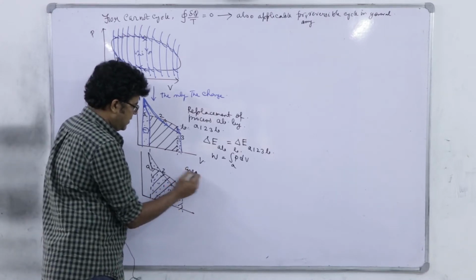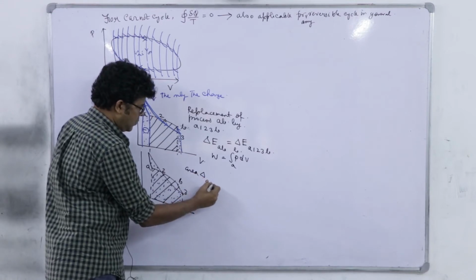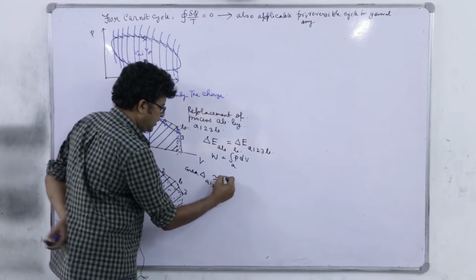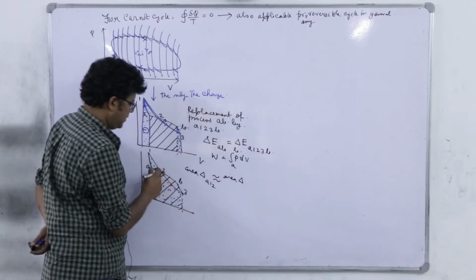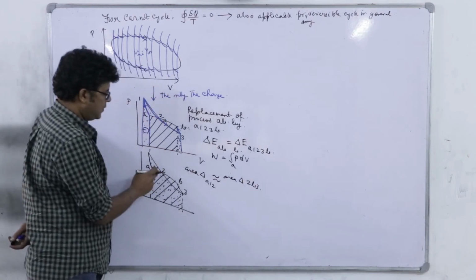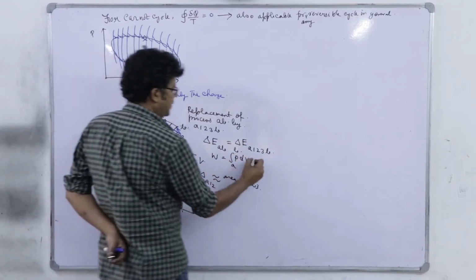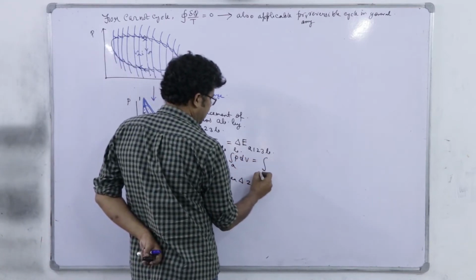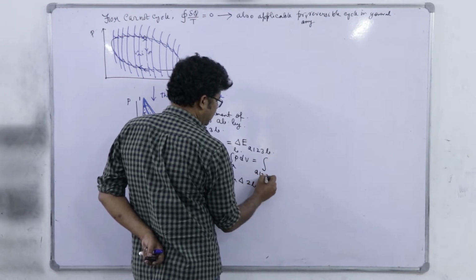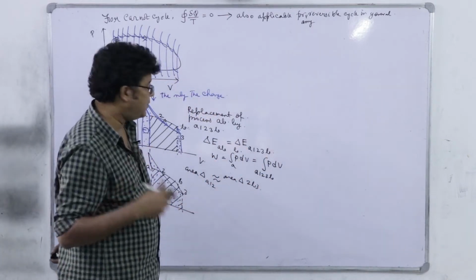Now the area in this triangle A12 is nearly the same as the area of this triangle 2B3. So these two areas, they are same. So you can write the integral of the path A123B PdV is same as AB PdV.